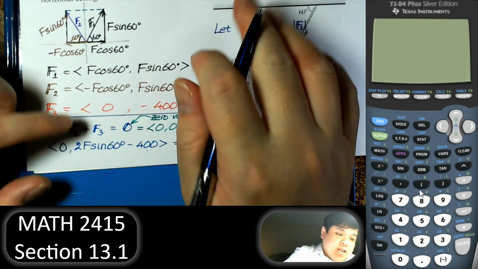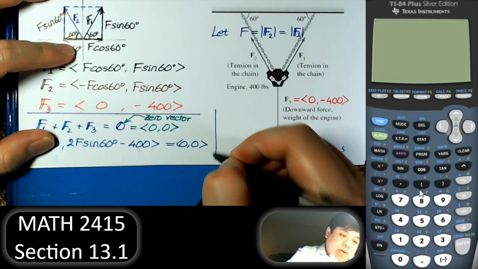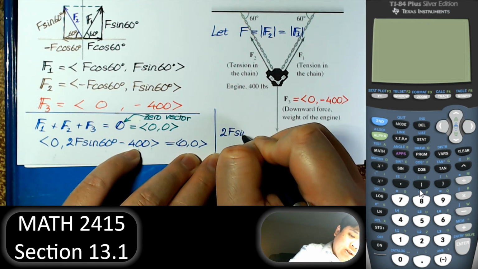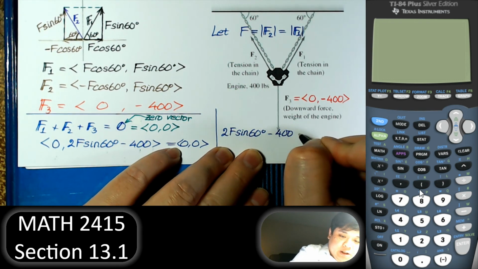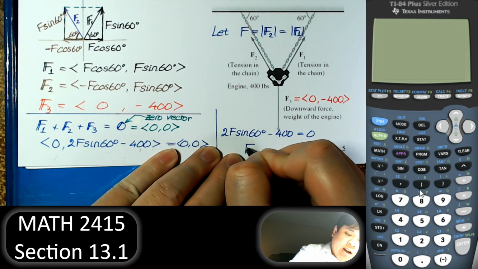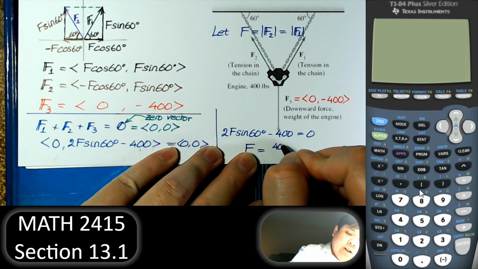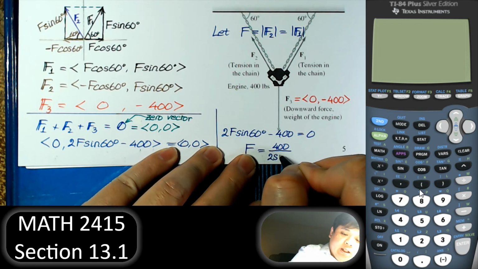I just add side by side here. The right hand side is supposed to be 0. So from here we say 2F sine 60 degrees minus 400 equals 0. So we can find the magnitude of the force is equal to 400 divided by 2 sine of 60 degrees.